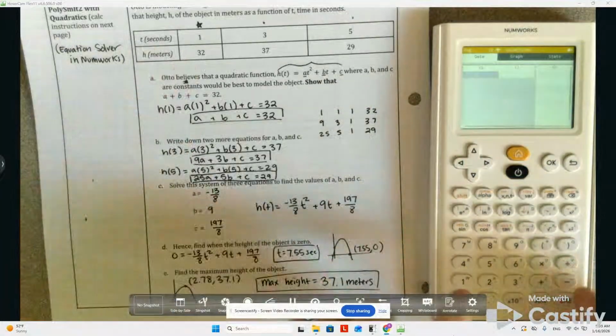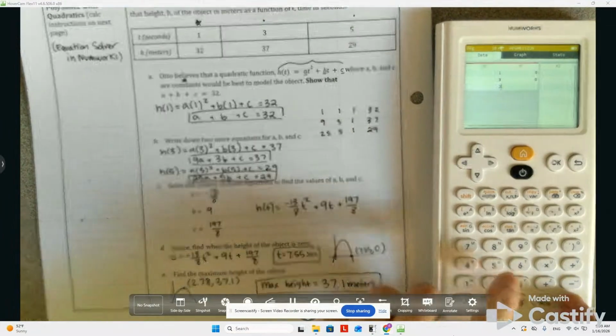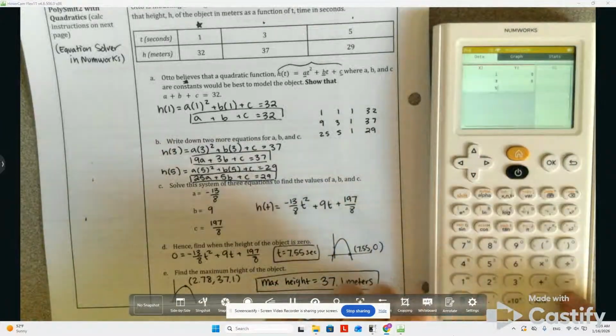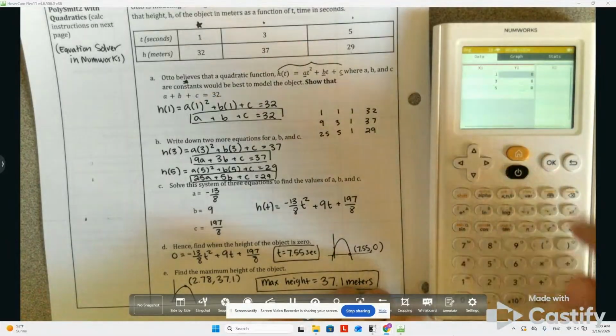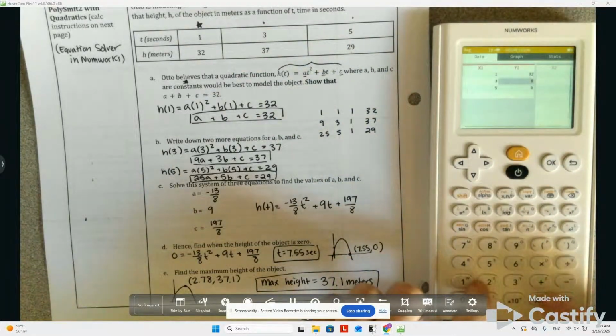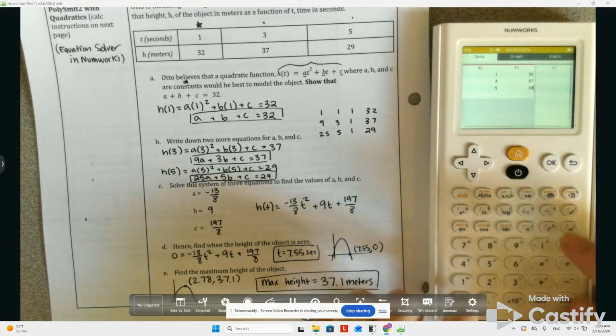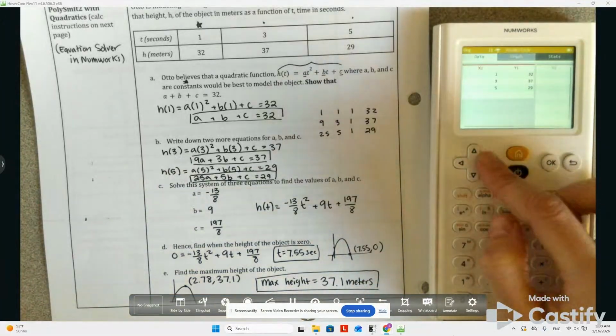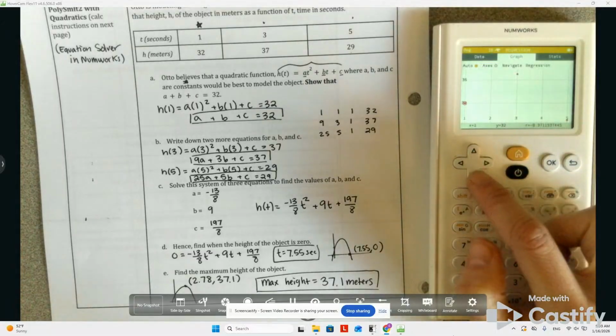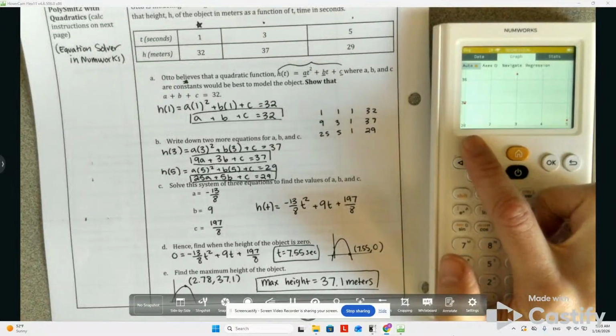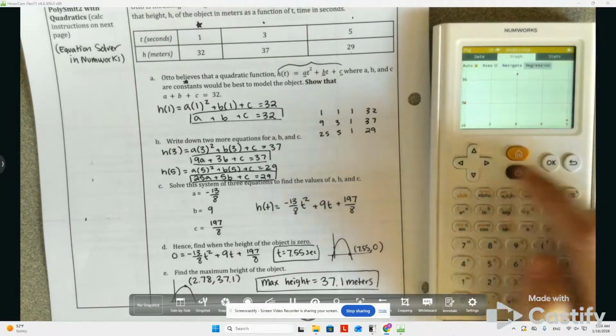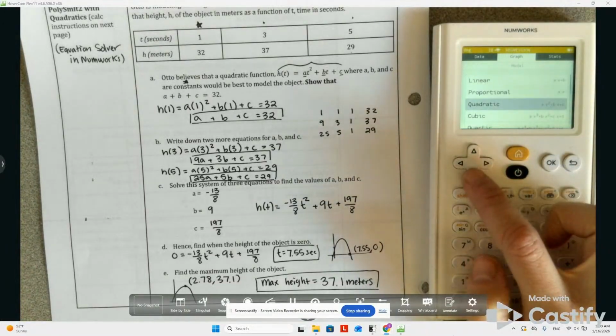So X1, we have 1, 3, 5. Y1, 32, 37, 29. We can go on over to our graph, and then we see our 3 points plotted, but we're going to go over to regression and quadratic.